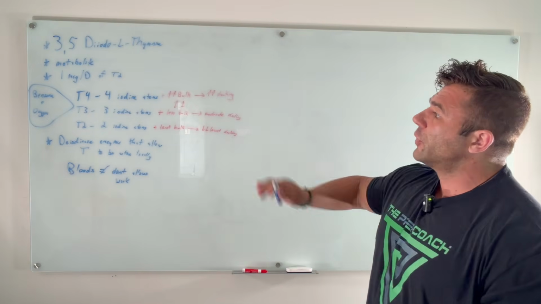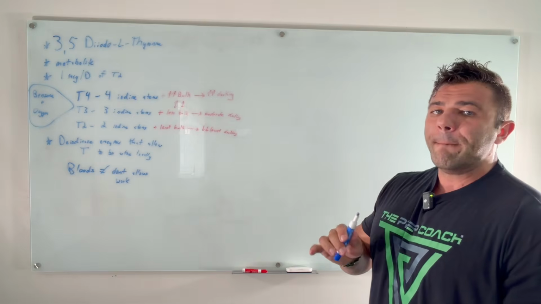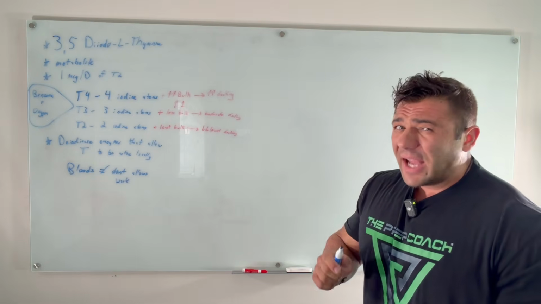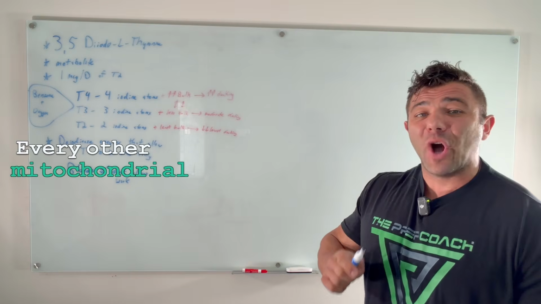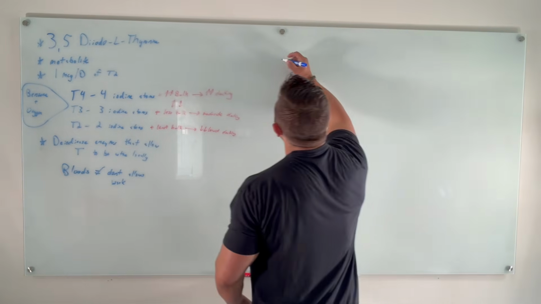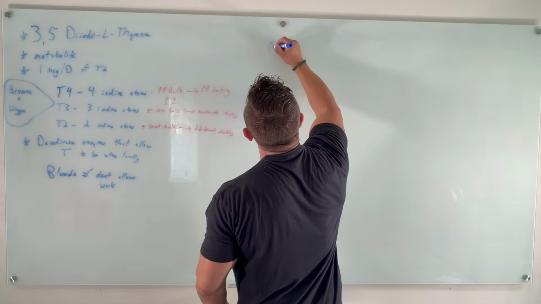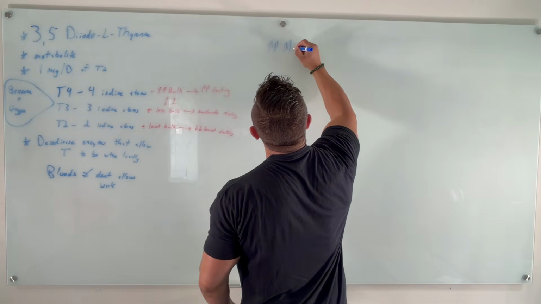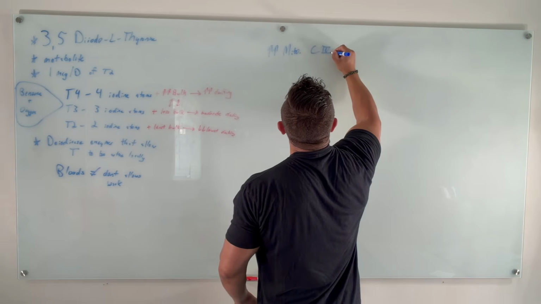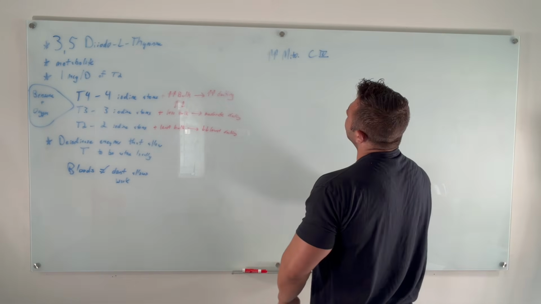Because if you're improving that, so T2, the basic benefits that you would get, right, are kind of similar to every other mitochondrial peptide out there. Meaning what's gonna happen? If you see T2 having these massive upregulations in mitochondrial complex 4 in the electron transport chain, what does that mean?